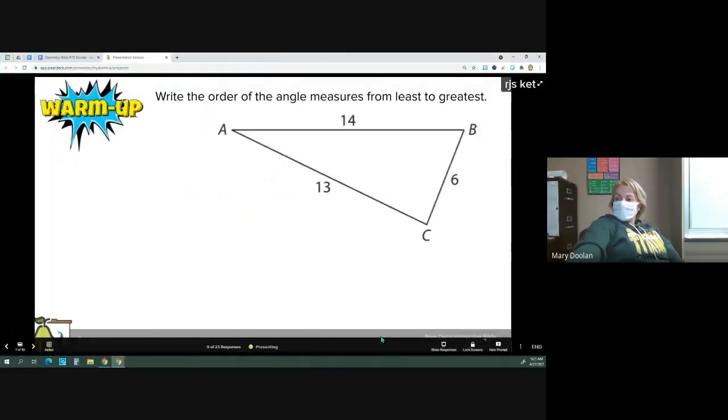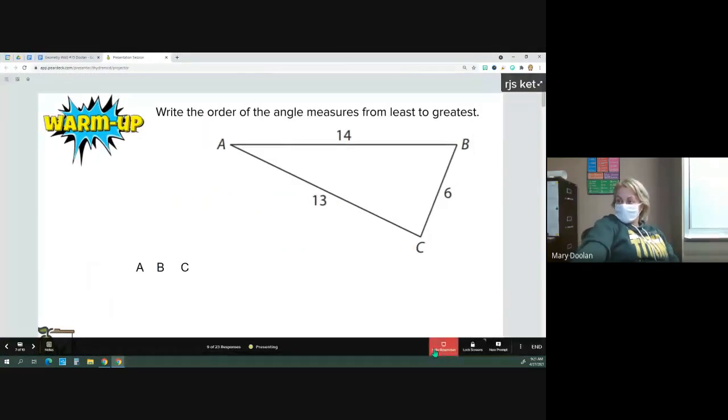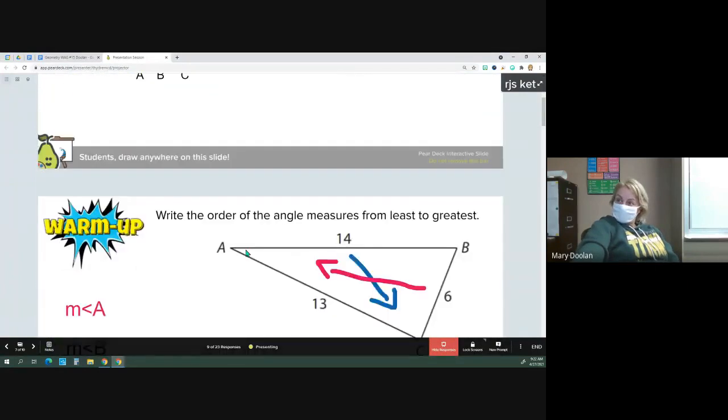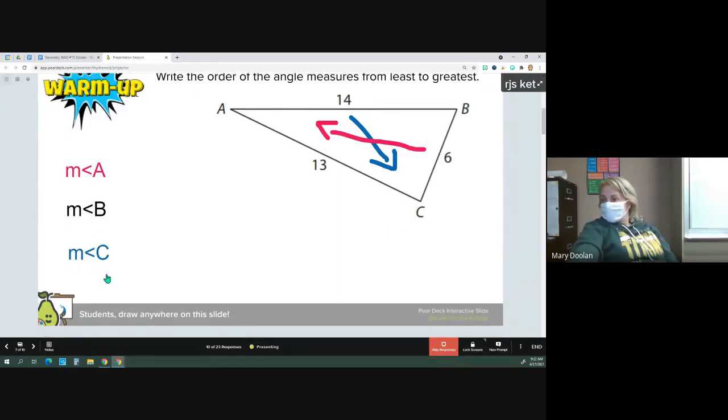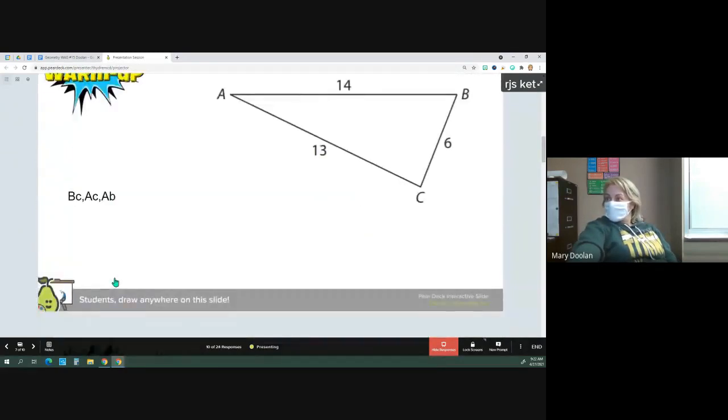Okay, so let's see what you came up with. This person says ABC. This person says the measure of A, the measure of B, and the measure of C. I'm not sure what this means.